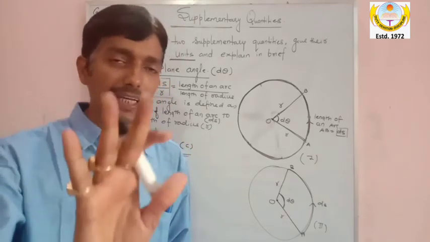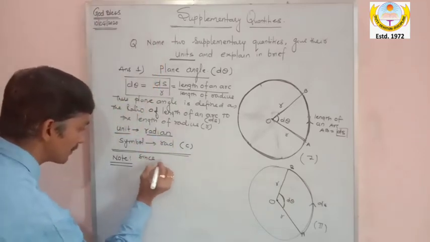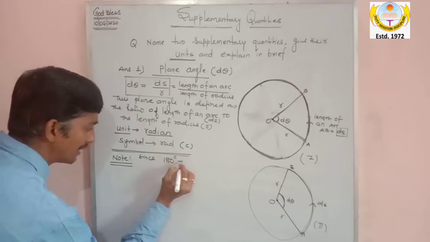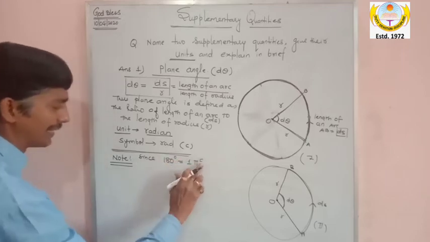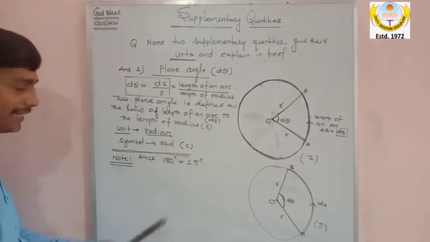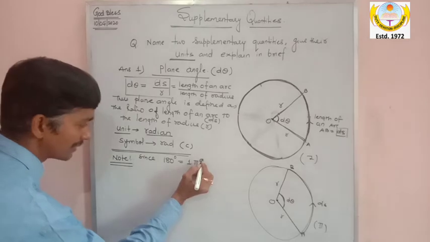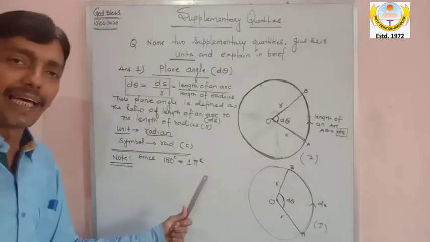Take care. For example, you all know that 180 degree is equal to 1 pi radian. See, I am writing radian here in this way. Here is the degree symbol, and here I have written the radian symbol. So 180 degree is 1 pi radian.